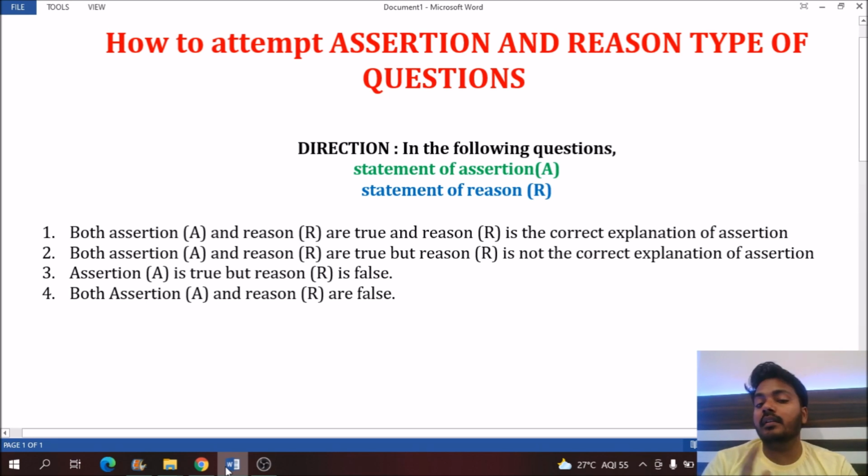If you find that the reason is not appropriate, you can choose option B. If you find that the assertion is correct but the reason is false, then the correct option is C. And if you find that both assertion and reason are false, then option 4 is the correct answer. So let's try some questions and think about why we have chosen these options.